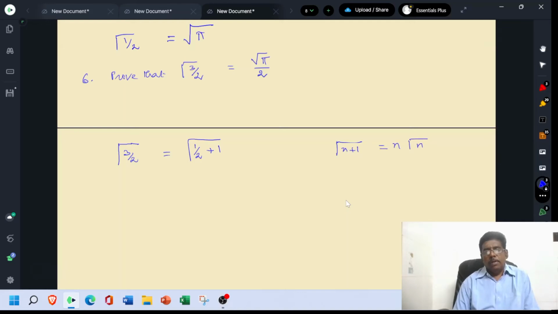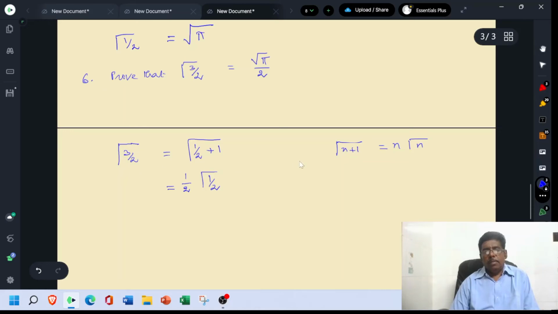Now 3 by 2 is 1 by 2 plus 1. Using this formula, n gamma n, here the value of n is 1 by 2. So this is 1 by 2 into gamma of 1 by 2. See this, gamma of 3 by 2 is equal to gamma of 1 by 2 plus 1.